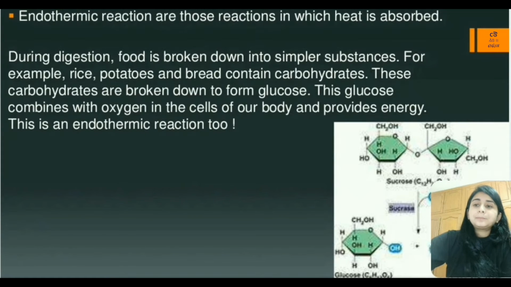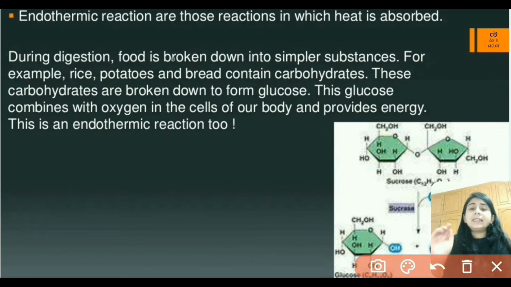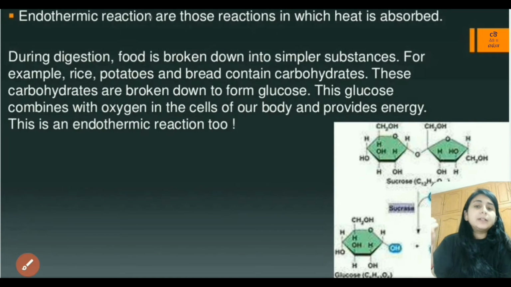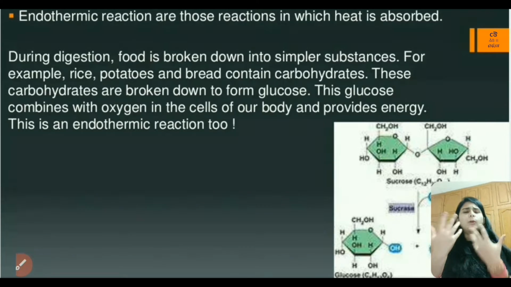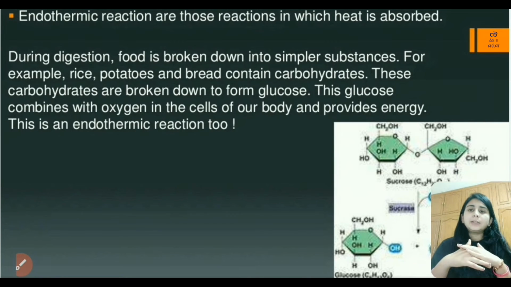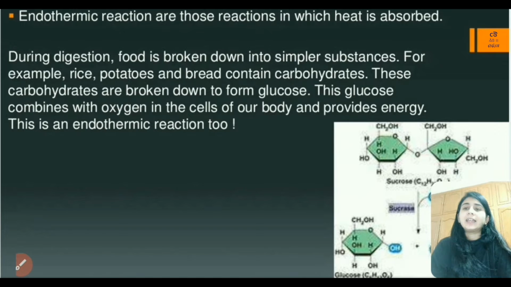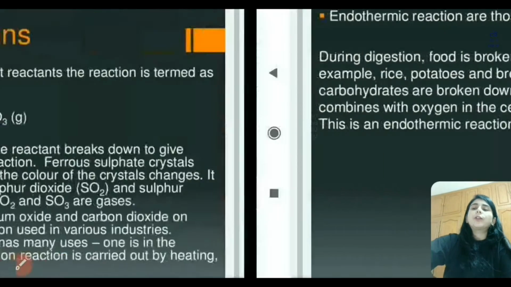So when this C6H12O6 will combine with O2, that is oxygen gas, the product is going to be water and some amount of carbon dioxide gas. Water is then used by our body, and carbon dioxide gas, as it's a waste product, it is expelled or removed out of our body.